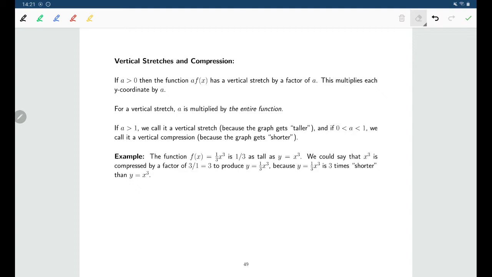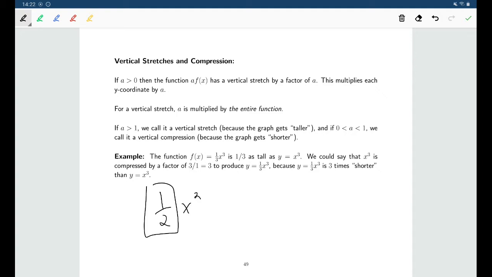You're multiplying by a number that's less than 1. So something like a half times x squared would be half as tall as the original function y equals x squared. So instead of calling it a vertical stretch, you could say it's a vertical compression, by a factor of 2, because you're twice as small as the original function y equals x squared.